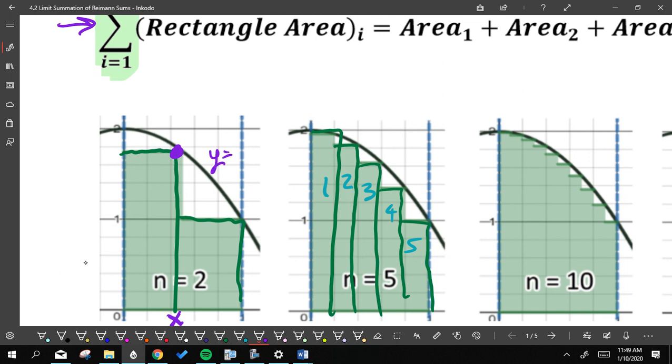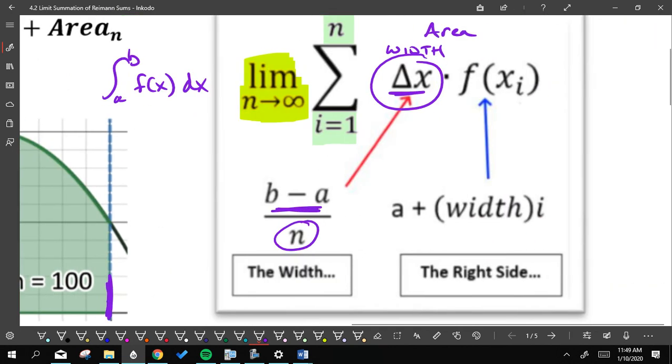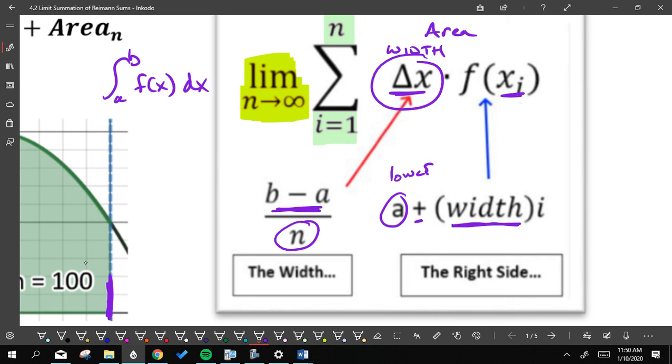To find the x value, we start at my lower bound, and we add to that the width of my rectangle times whichever rectangle it is. If it's the first rectangle, it'll just be the width 1 time. If it were the 5th rectangle, it'd be the width 5 times. We take that number and plug it into f of x, our original function, and that will be a representation of the height times the width.